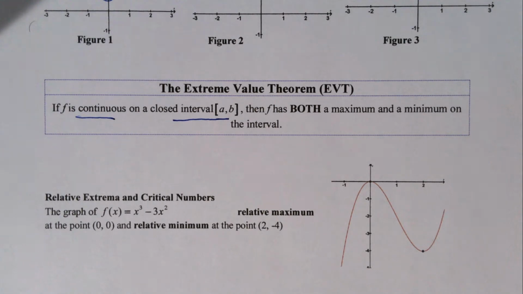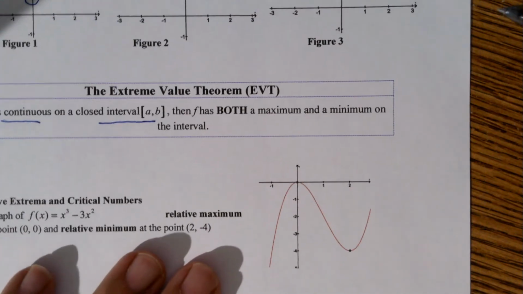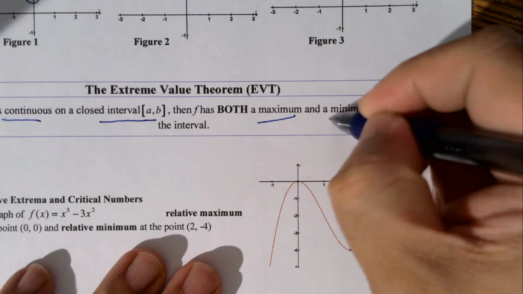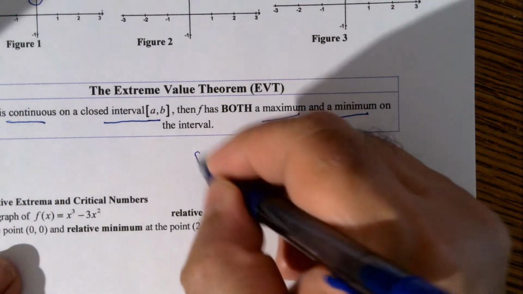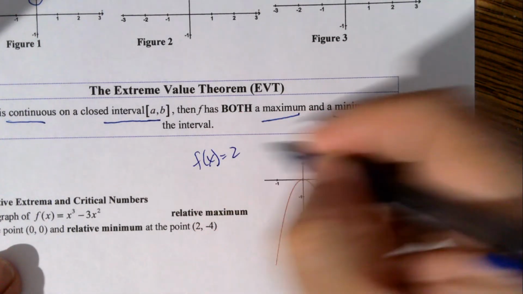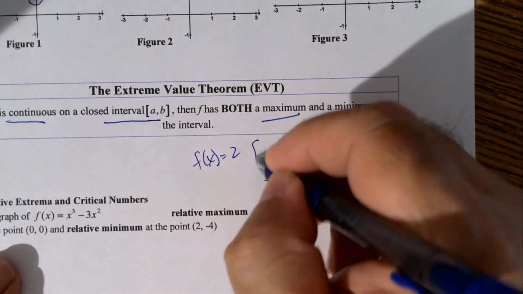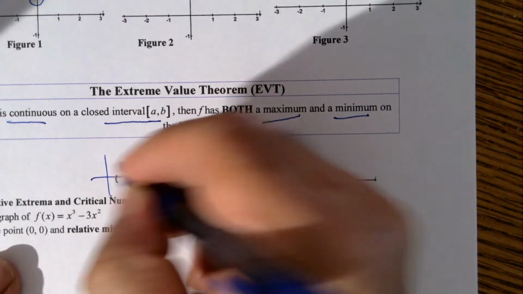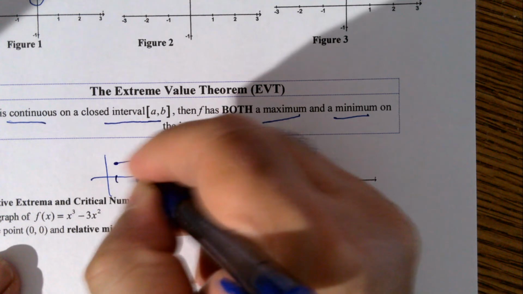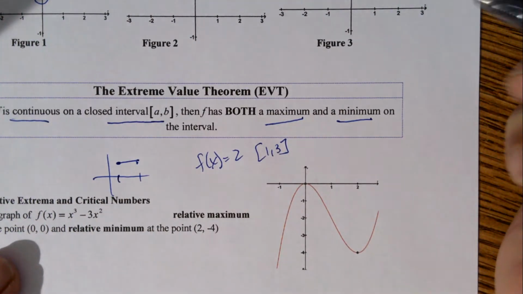Then you are guaranteed to have both a maximum and a minimum on that interval. Now, it's not saying they have to be different. If I have a constant function, say 2, on the interval from 1 to 3, the maximum and the minimum is 2.